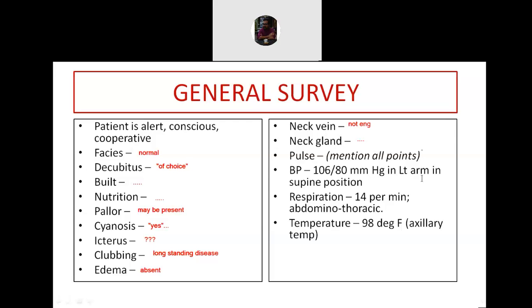If the patient presents with features of right ventricular failure, you get the classical features like engorged neck veins, pedal edema, hepatosplenomegaly, and in severe cases ascites.